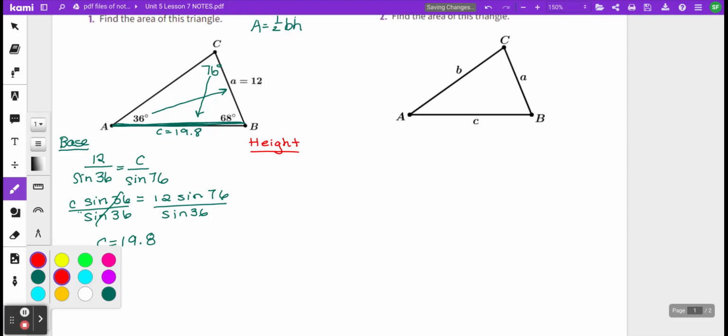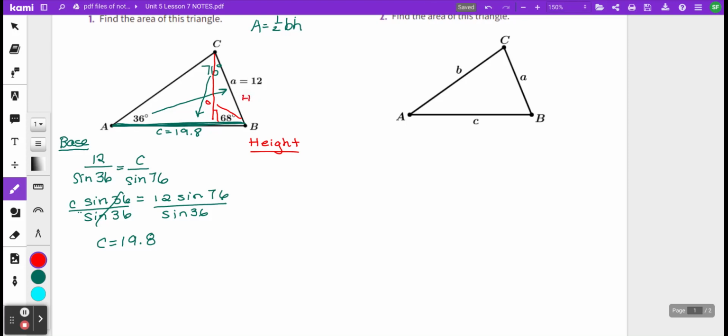So to get the height, we're going to bring a line down, and we know this becomes a right angle. Now we can actually use trig, and from here, I know this is my opposite, this is my hypotenuse.